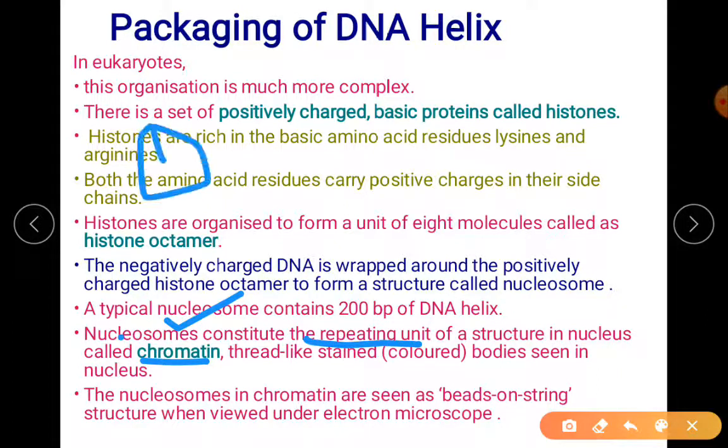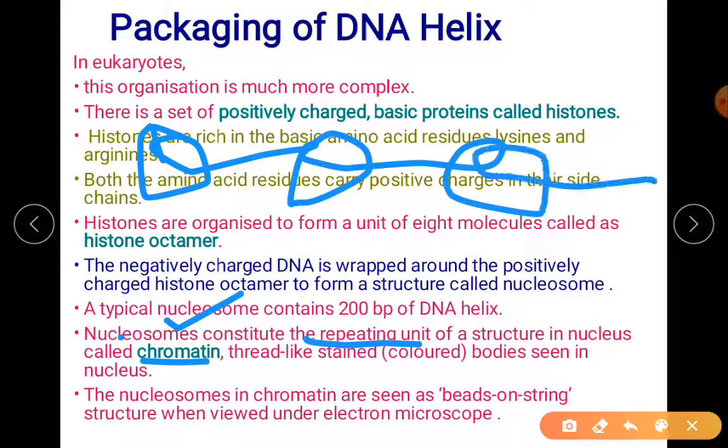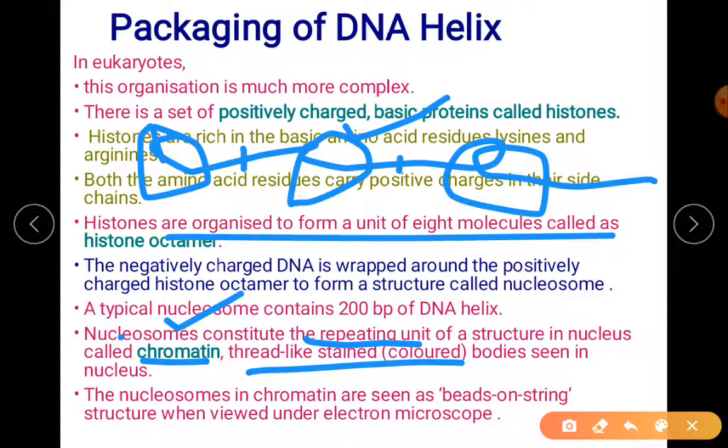This is how it goes on: DNA wound around the octamer and in between, the H1 protein. From far, under the microscope, it looks like a thread-like structure.